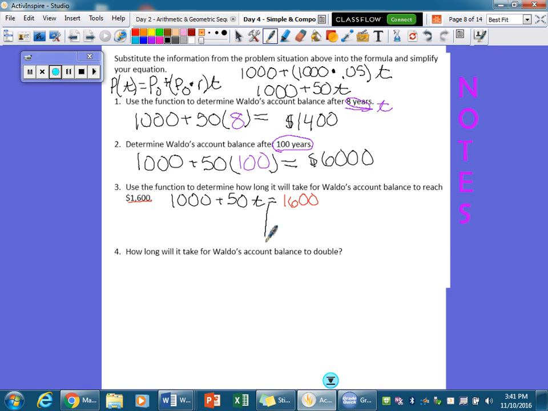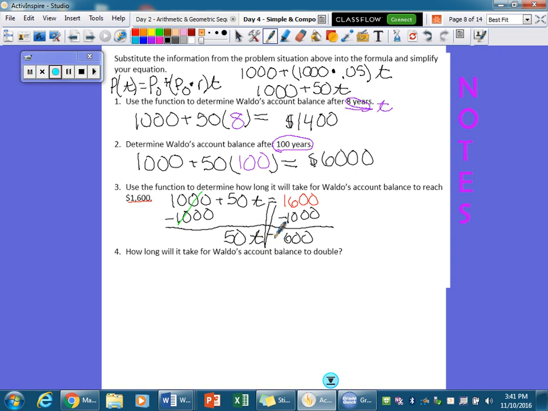And look, guess what it is? Two-step equation. Minus 1,000, so I get 600 over here. These have crossed off. I'm left with 50t. I'm going to go through this quickly because this is something that we have practiced a bunch.